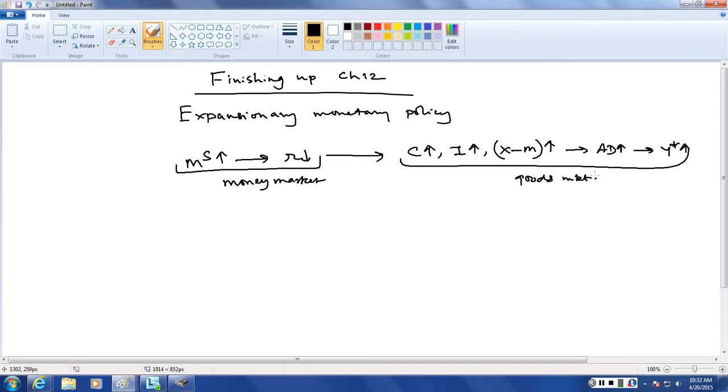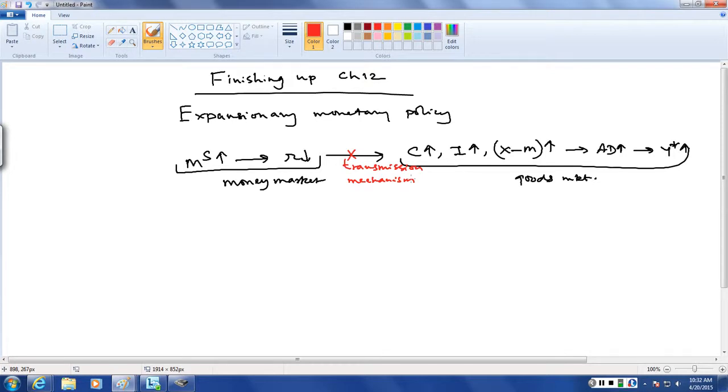Now, I mentioned in class last time that this connection could be weakened in two ways. First, you could perhaps have this link here being broken. This is the link between the money market and the goods market, and this is called the transmission mechanism. Now, what would cause that connection to be broken?